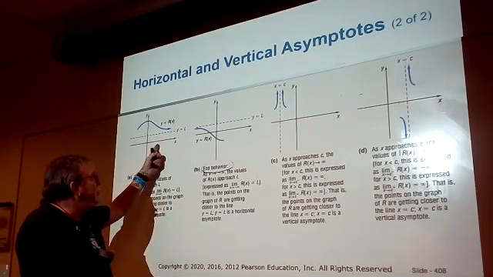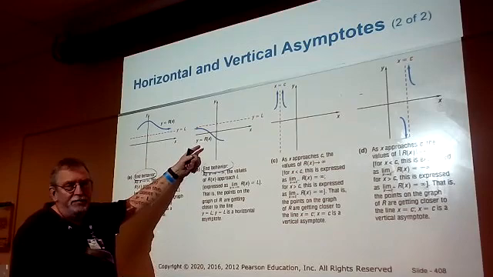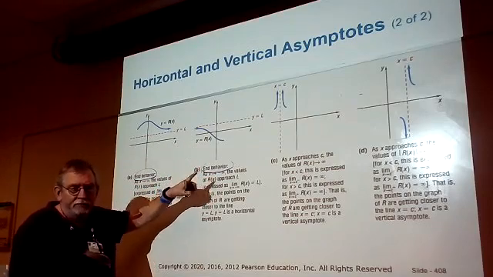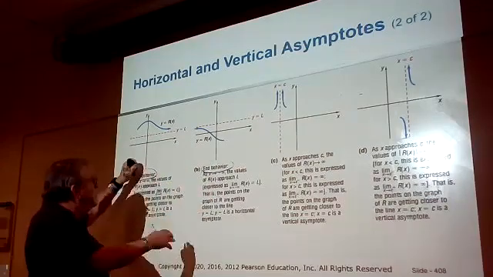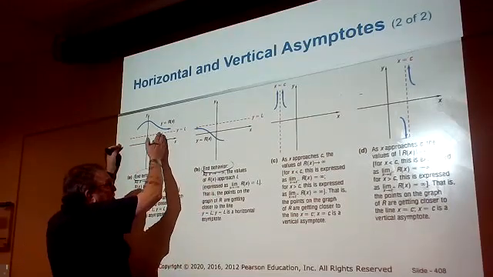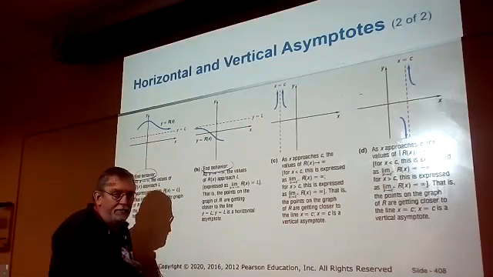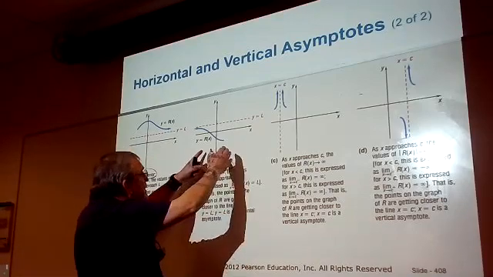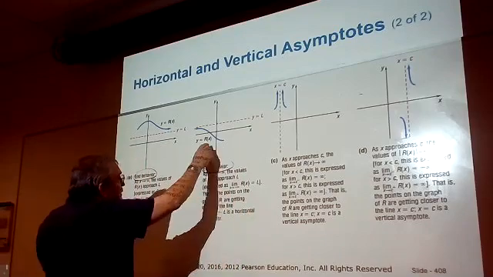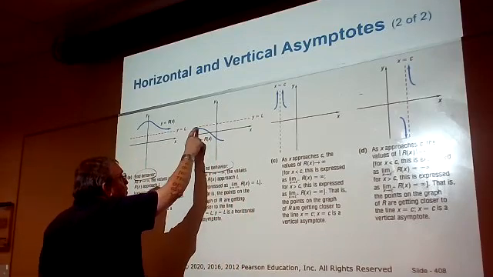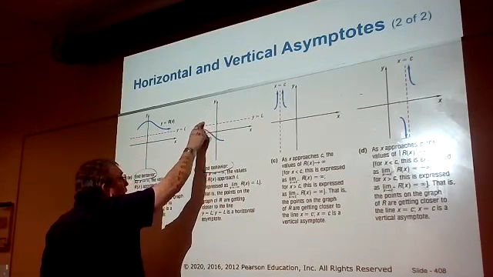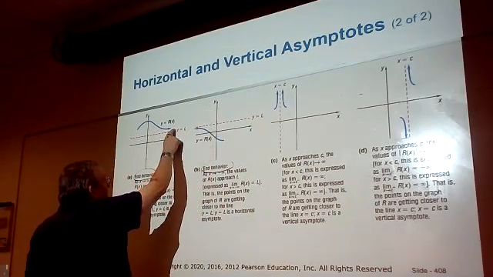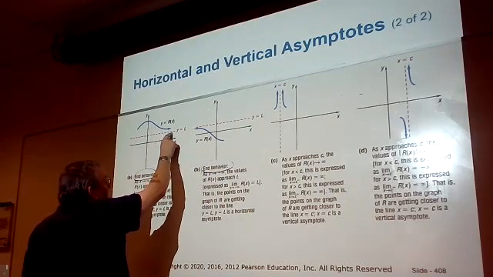But once x gets sufficiently large, it'll never touch that horizontal asymptote again. So it'll only touch it somewhere in here if it touches it at all. Same thing here and here. So here they show it approaching from below, but it could approach from above. So it can come down towards it, like this one's coming down towards it, but it could have been coming from below.